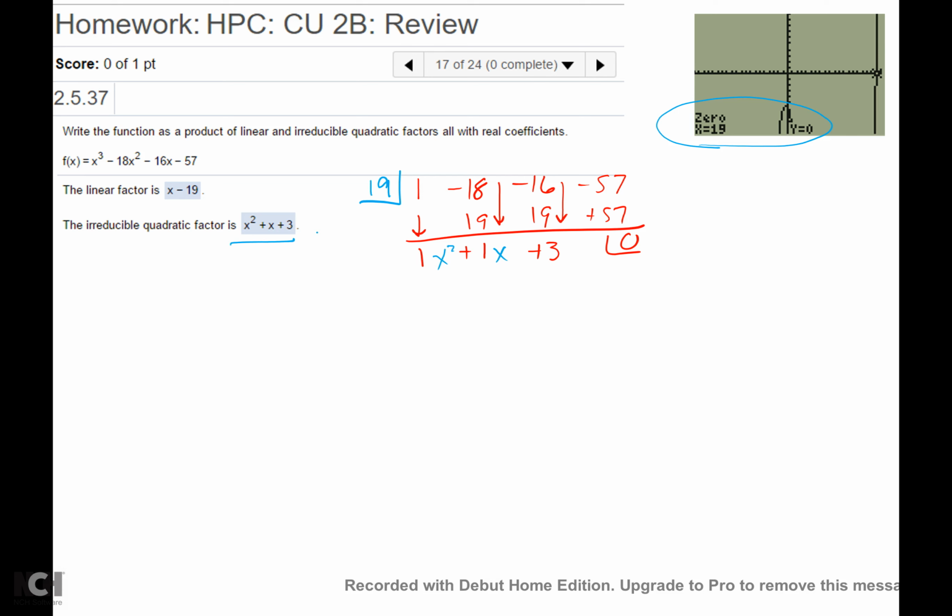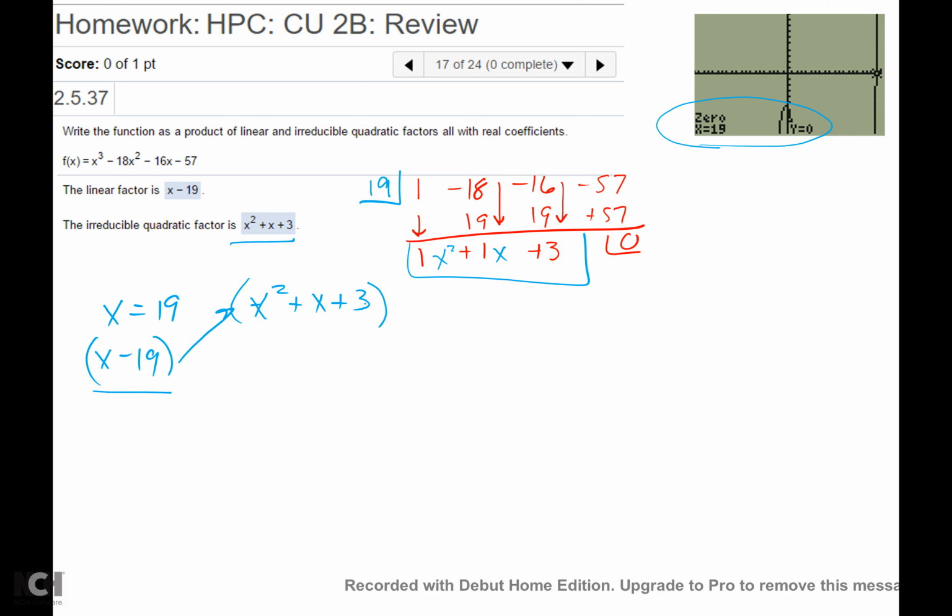Now, one of my factors, okay, I've got x equals 19, and I've got x squared plus x plus 3, because this would be x minus 19, right? So I have this factor and I have this factor.